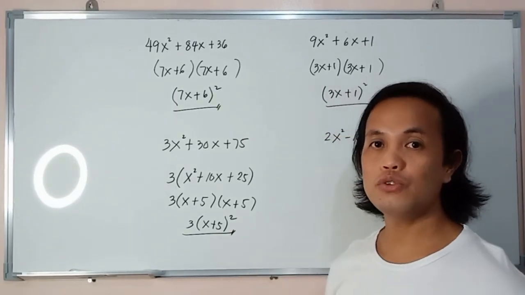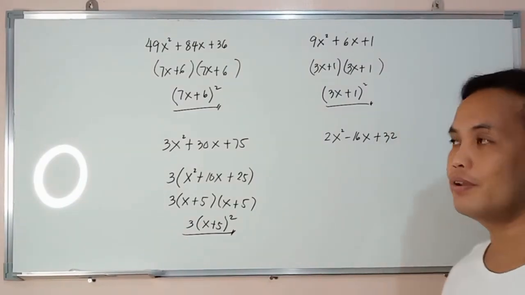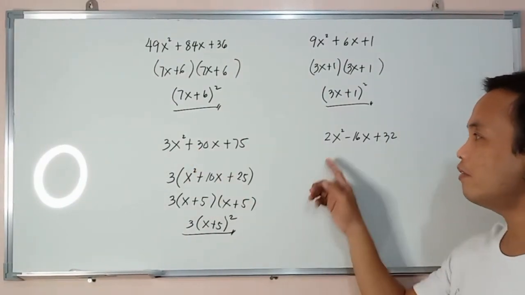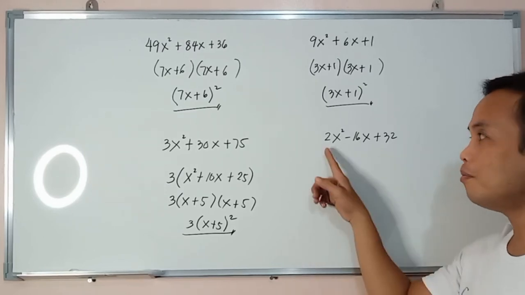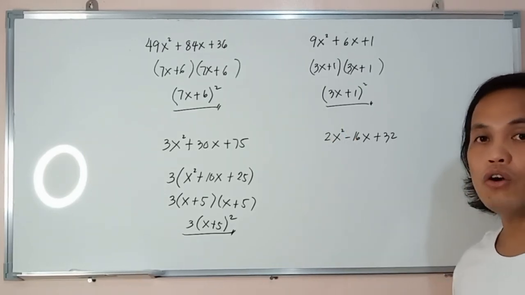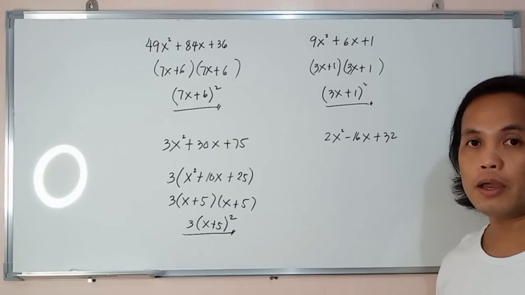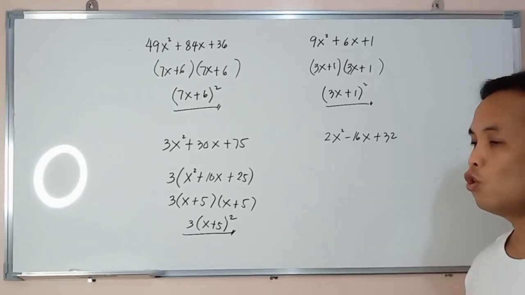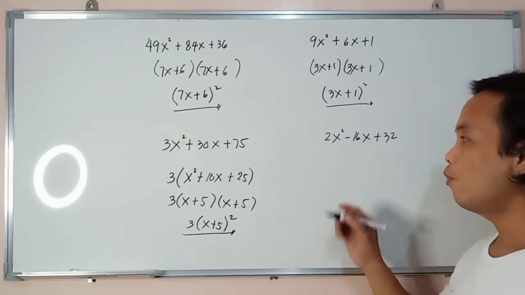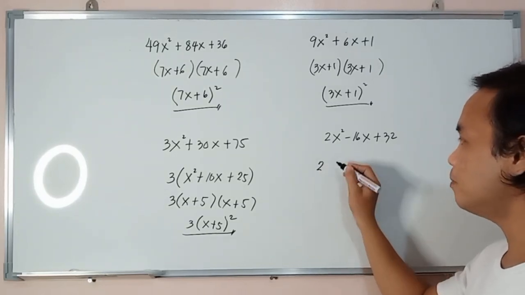Now let's proceed to our last example. The same with this example, we have here 2x squared minus 16x plus 32. This time, 2 is not a perfect square, and also 32 is not a perfect square. But it is very clear that we have a common monomial factor, which is 2. So we factor out 2. We have 2 here.